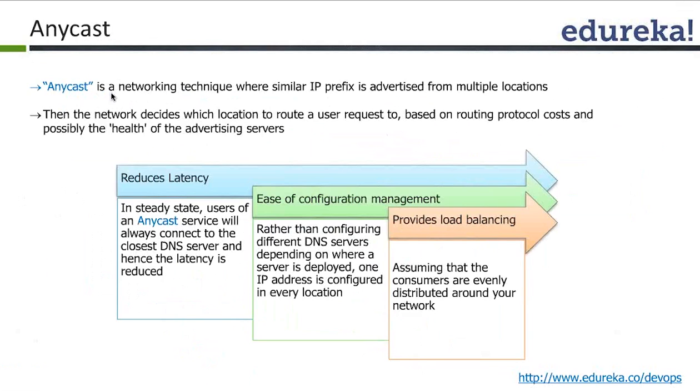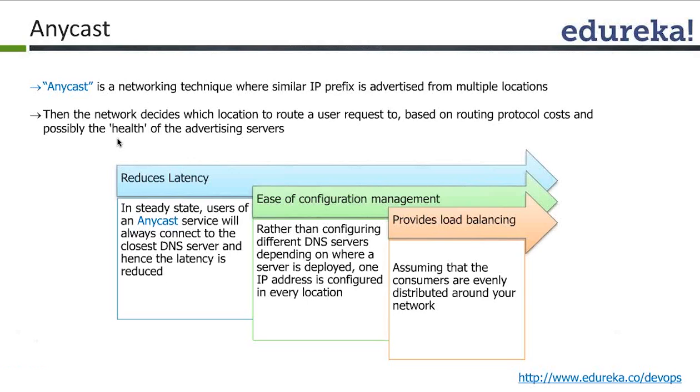Okay, so Anycast is a networking technique where the same IP address is advertised from multiple locations. The network decides which location to route a user request to based on routing protocol cost, that is the distance, and possibly the health of the server.